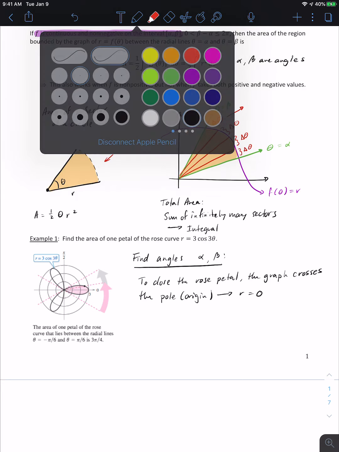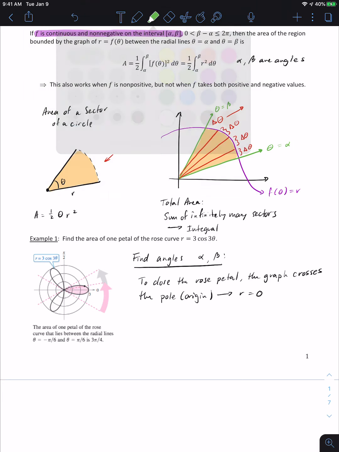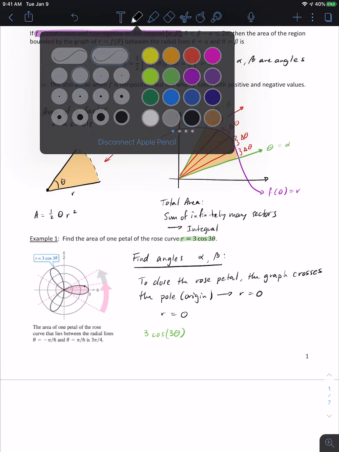But notice my function is a function of r. So when I say I know the radius is equal to 0, well, what is the radius? The radius given by the equation is 3 cosine of 3 theta, and that equals 0.